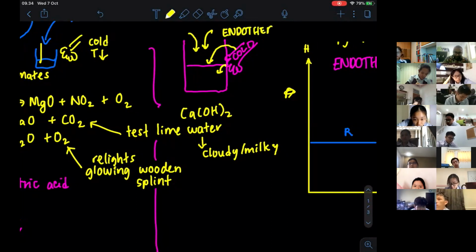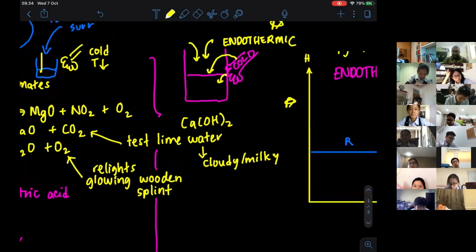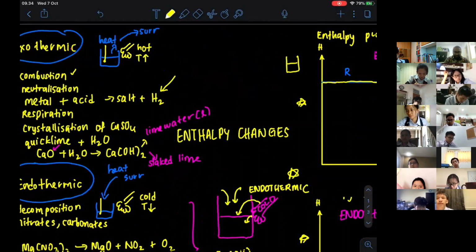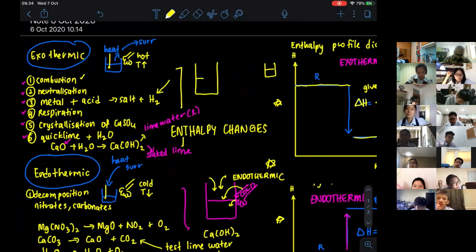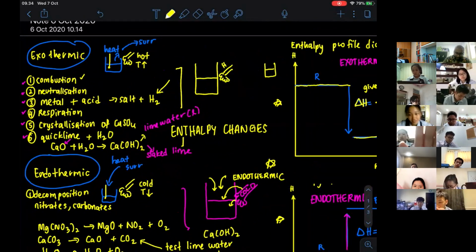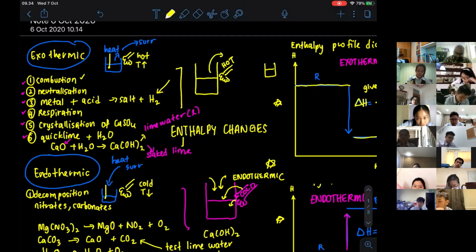So the idea for any reaction mentioned over here, from number 1 to number 6, is that if you have a beaker and you touch it, you will feel it's hot, because the energy is given out.